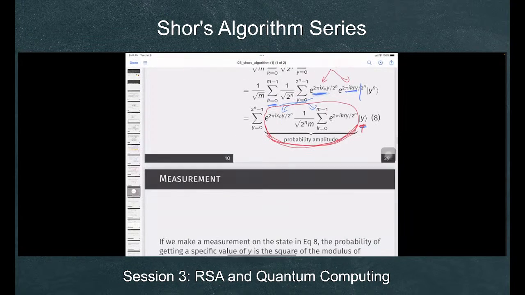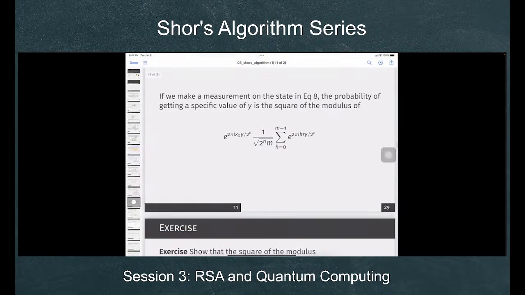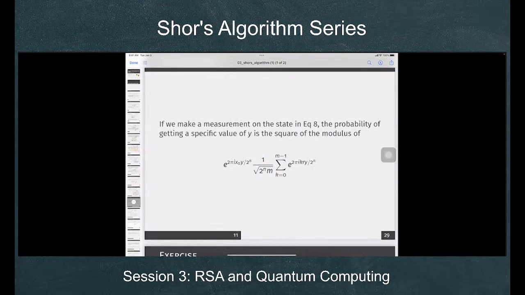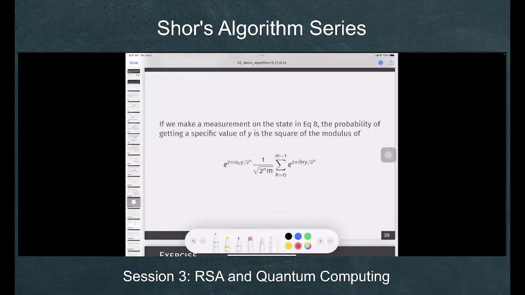So before I get ahead of myself, if you make a measurement on the previous equation, on the state, the probability of getting a specific value of y is equal to the square of the modulus. In other words, you square this.